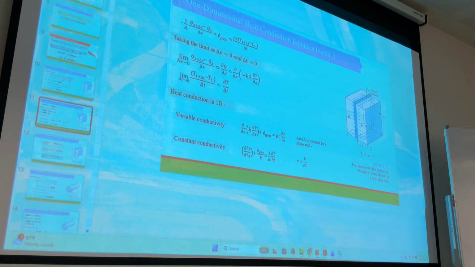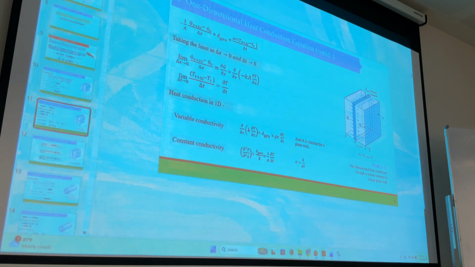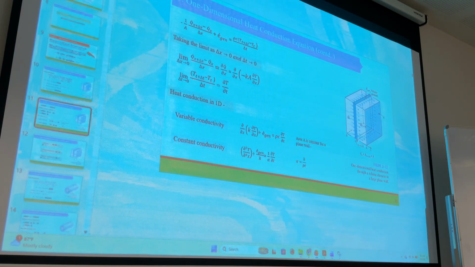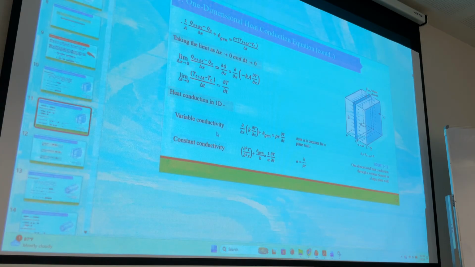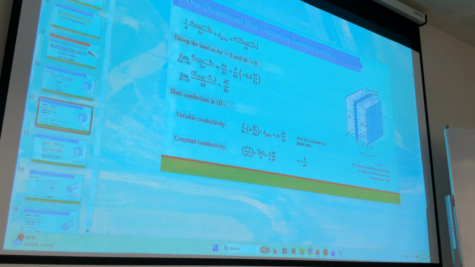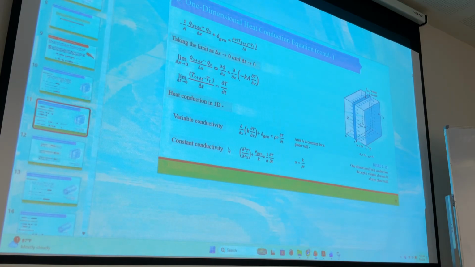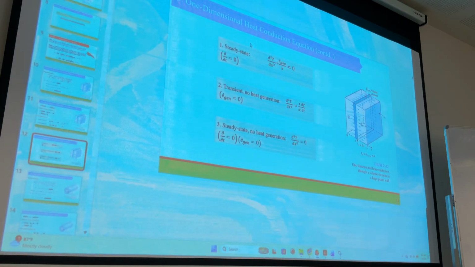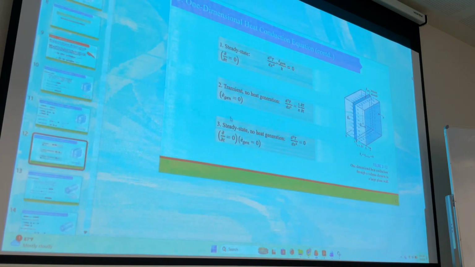Okay, so you have to read the question very carefully if they have heat generation, if it's a steady, right, if the thermal conductivity is constant or variable. Depending on that, you will use the right equation. Okay, so like this one, this was for plane wall, right? This is variable conductivity, K is inside, right? You take the K outside if the thermal conductivity is constant, right? Then three more equation again for the plane wall: steady state, transient, steady state, no heat generation. Alright.